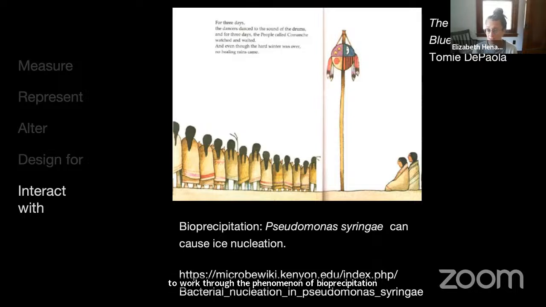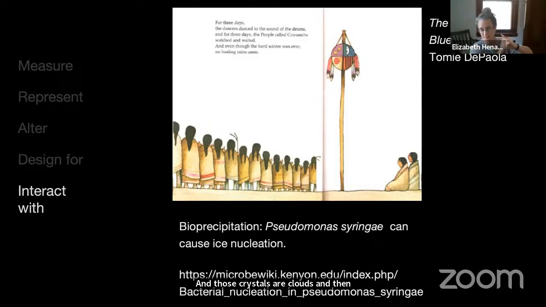Precipitation or clouds form in the atmosphere when there's moisture and also some kind of nucleating agent. So particles in the atmosphere like dust or ash, where the water molecules will form crystals around these nucleating particles, and those crystals are clouds, and then clouds lead to precipitation.